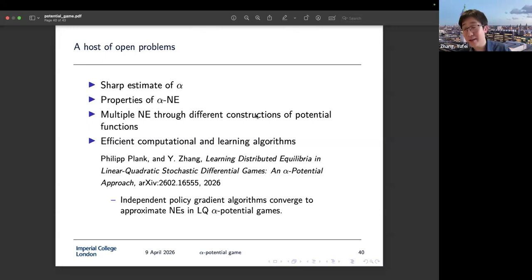But I think in practice these days, if you have access to a good computational device, people can easily solve hundreds or even thousand-dimensional control problems by policy gradient algorithms. So solving a high-dimensional control problem using a neural network is mainly about the computational device, and I think it's relatively affordable in this case.